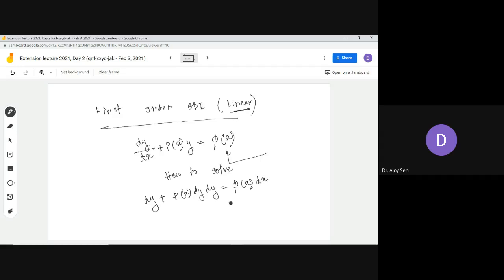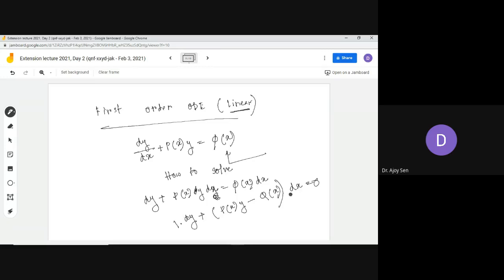We have dy/dx, that means dy plus P(x) y dx equals Q(x) dx, and you take it to one side.